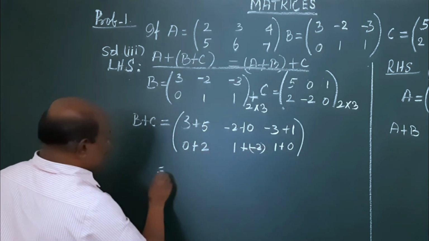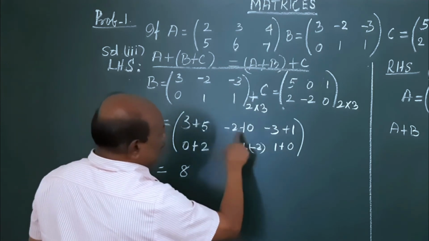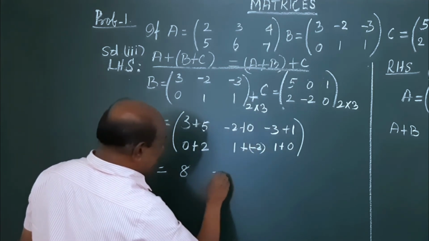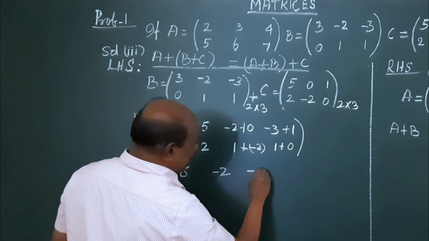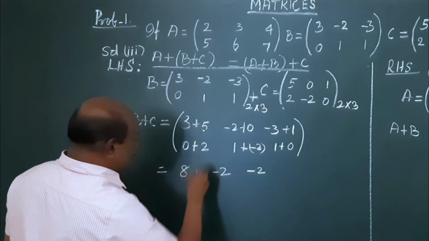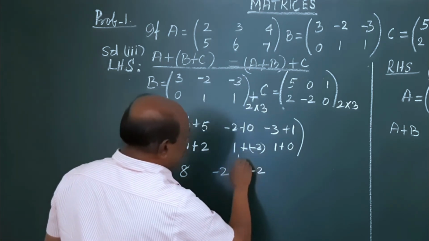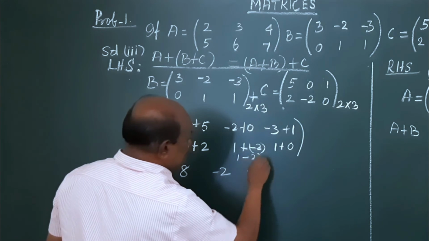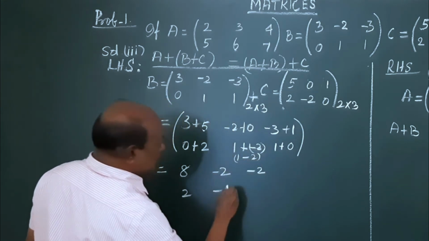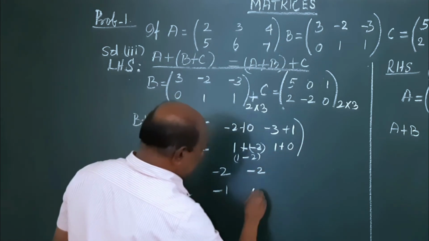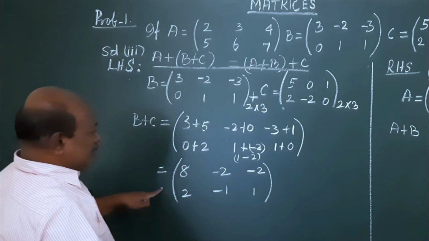That is equal to 3 plus 5, 8, minus 2 plus 0, minus 2, minus 3 plus 1, minus 2, 0 plus 2, 2, 1 plus into minus, minus. So 1 minus 2, that is the minus 1, 1 plus 0, 1. This is B plus C.